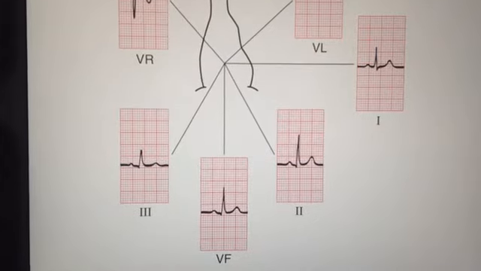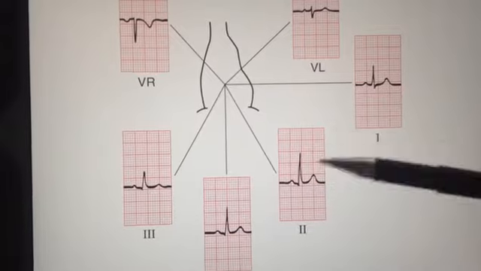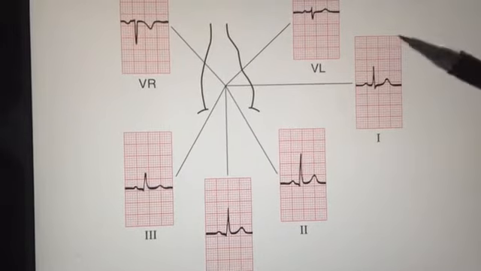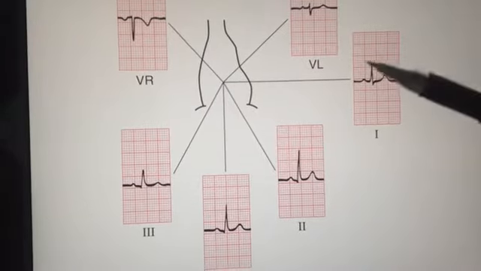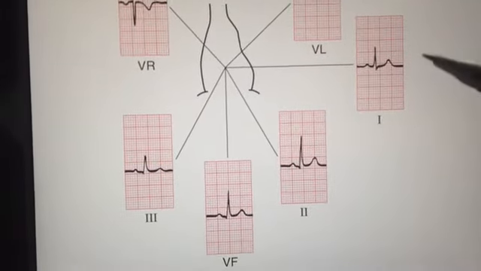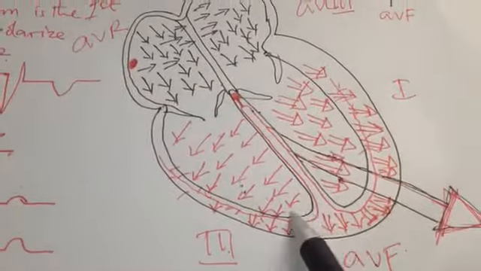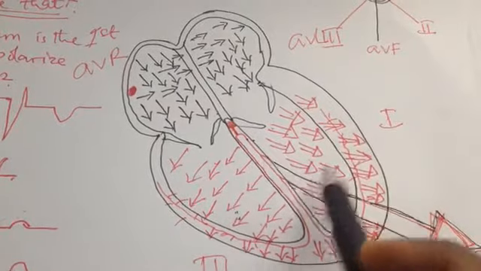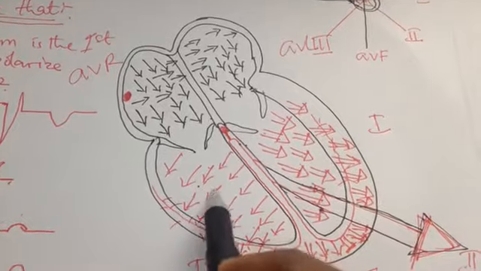So that's it. So why do we have to really know which one is having a taller QRS complex, which one is having shorter, which one is having inverted, and so on? Because sometimes we may have an axis deviation. Axis deviation occurs when, for example, the right ventricle becomes very thick, as in the case of right ventricular hypertrophy, so this strong depolarization wave is going to shift to this side.